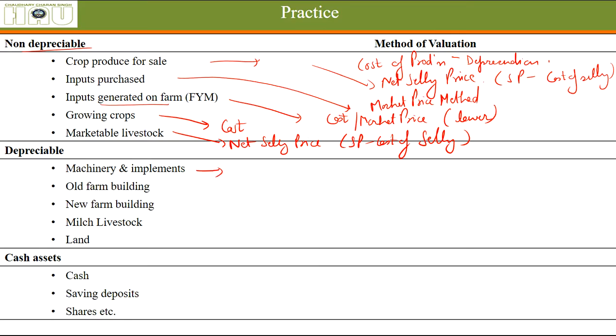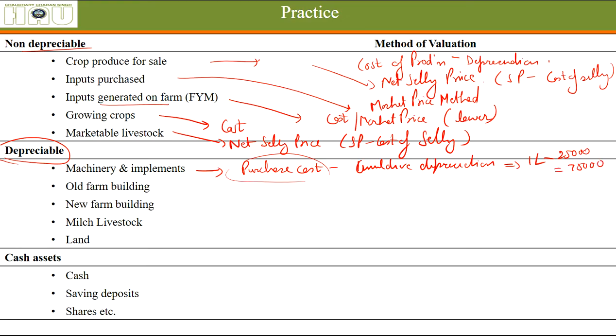Now depreciable items, machinery and implements. Machinery, let's say if it was purchased by you, purchase cost minus cumulative depreciation, that is the depreciation of that machinery till date. You might have purchased this machinery 4 or 5 years ago. In the last 4 years, how much was the depreciation? Let's say you bought it for 1 lakh and your depreciation till date is 25,000.